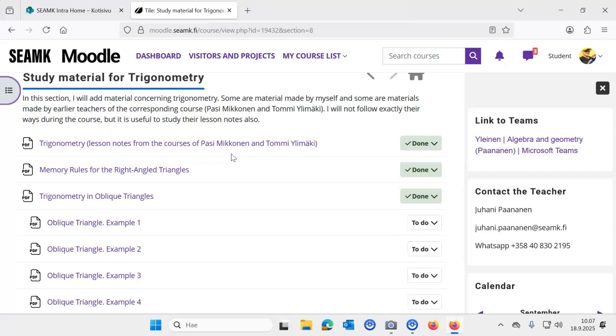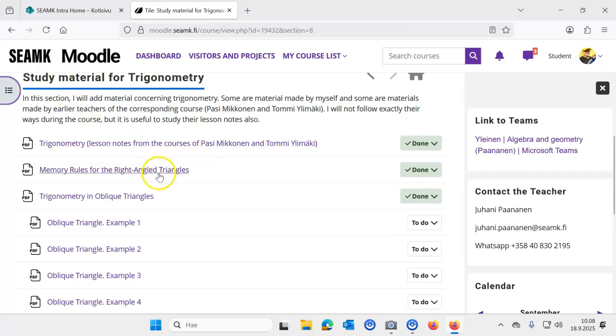I will not go exactly in the same order or exactly the same material as they have done, but I put that material also on my Moodle page because I have got permission to do that, and I suggest you read them and study that material also.